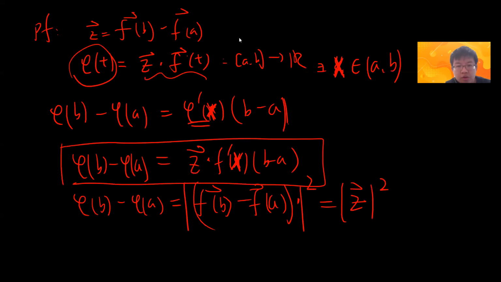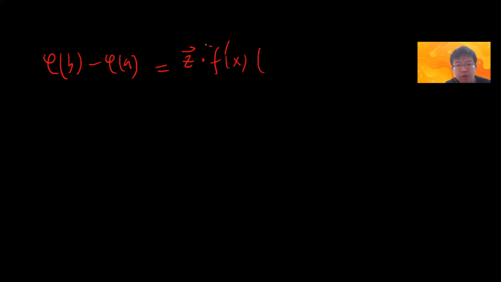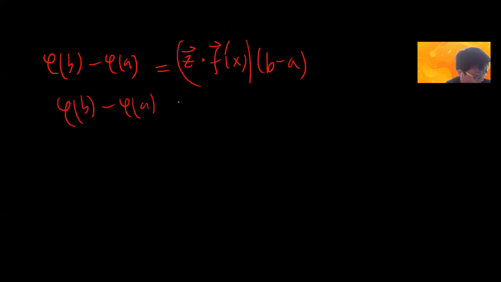First we have phi of b minus phi of a is z dot with f prime of x times (b minus a). Now notice that this is a number, right? And phi of b minus phi of a is the absolute value of z squared.